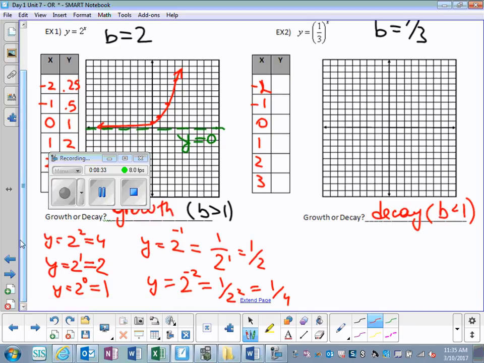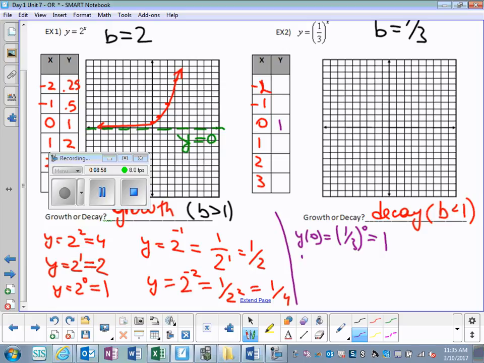Okay, so now let's look at this calculation. If x equals 0, then y is what? 1 over 3 to the power of 0 is what? 1. Always, right? Doesn't matter what my base is, if I take the number to the power of 0, it will be 1.